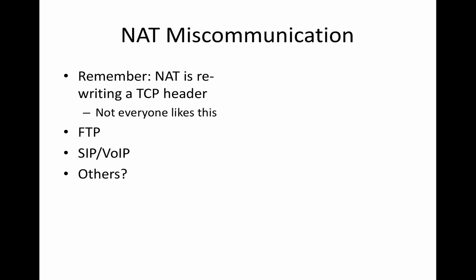Take VoIP and SIP traffic. SIP is Session Initiation Protocol, I think, whereas VoIP is Voice over IP. When you hit a VoIP router and distribute it out to a phone network, they don't necessarily enjoy their packets being changed on the fly. That might mess something up, especially if they're going out to the internet.